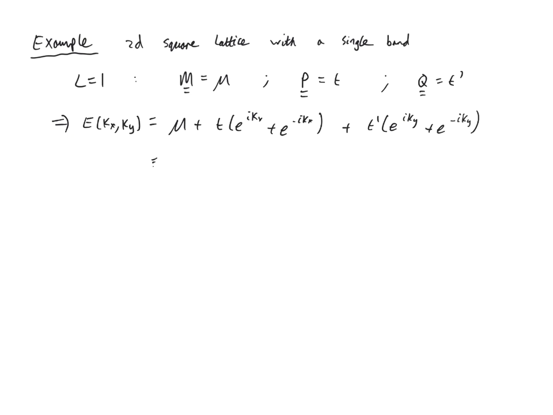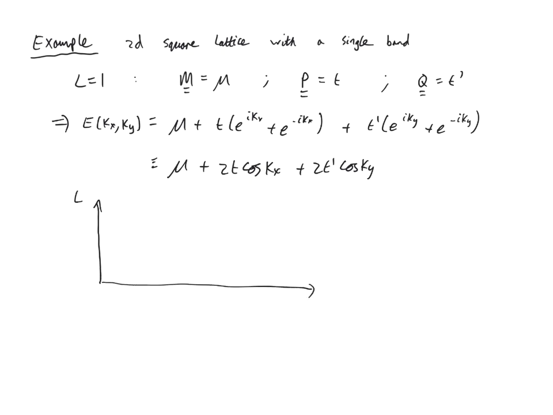Which can also be written as a constant energy shift for the chemical potential mu plus 2T cos kx plus 2T prime cos ky. So reading off from our previous formula, it's extremely simple. Let's just draw the dispersion relation.